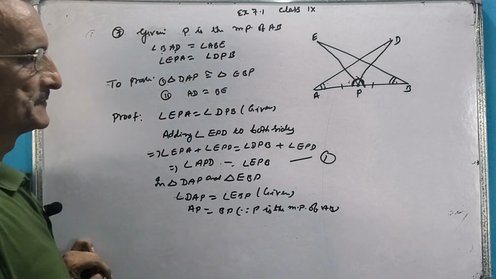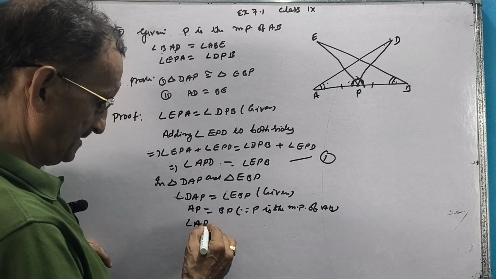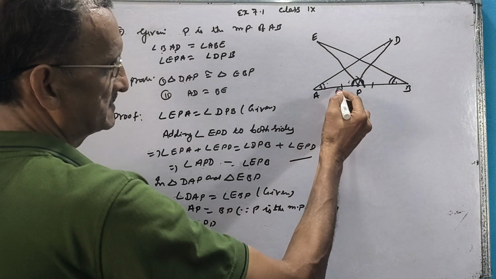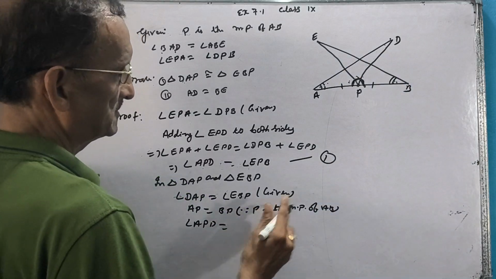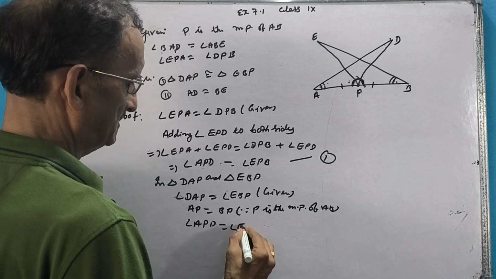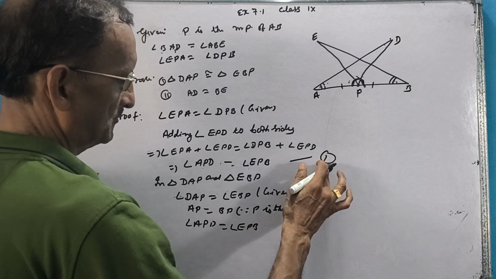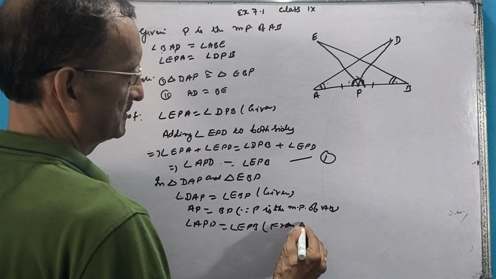Now this angle APD is equal to this angle EPB, angle EPB from 1. That's why we added to both sides, from 1.